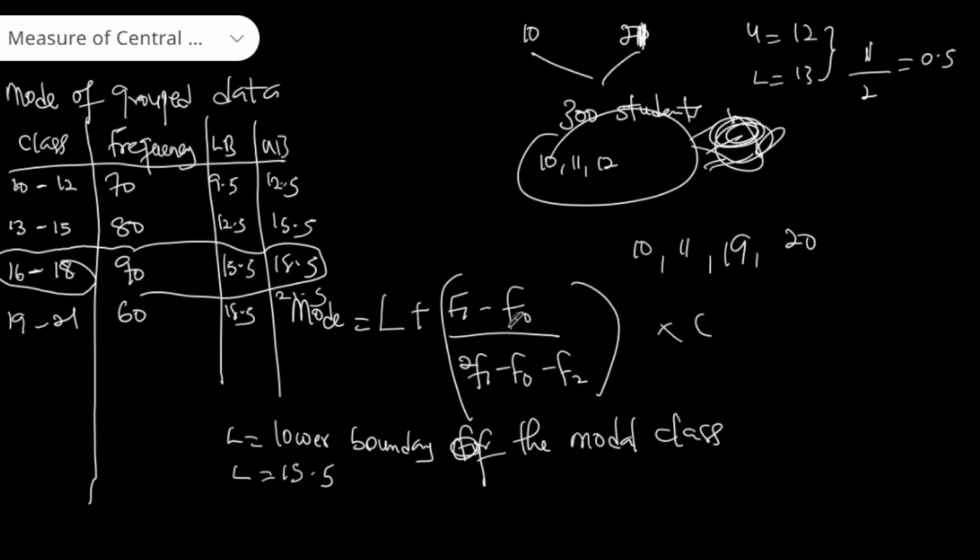So our L is equal to 15.5. Now we have F0, F1, and F2. Very simple. In the order they came, F0 is the frequency before the modal class.